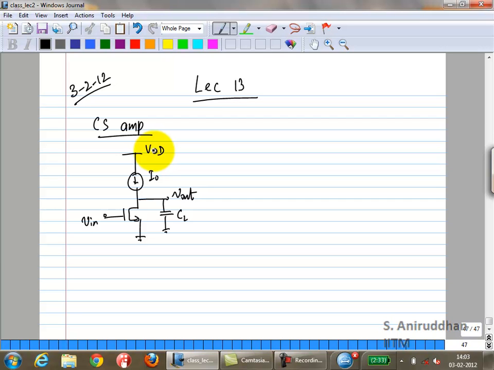Okay, so let's write out what this is going to look like. First thing you can say is, since VBS is 0, neglect GMBS.